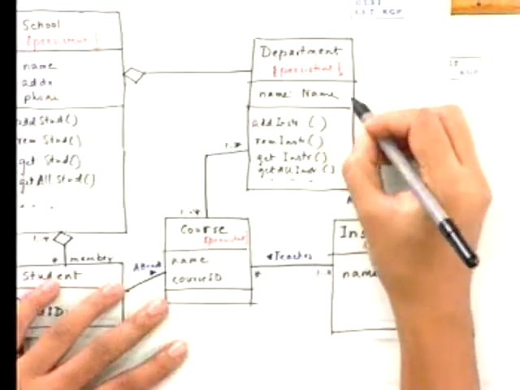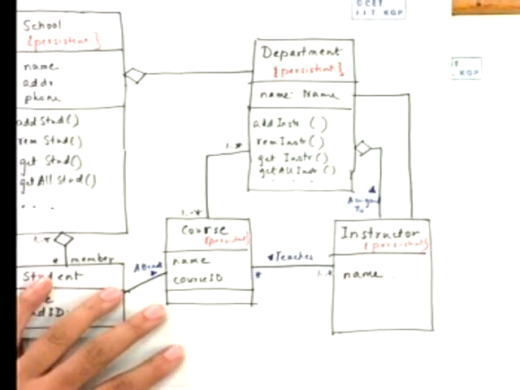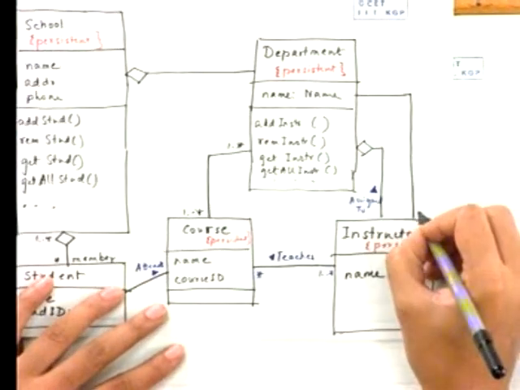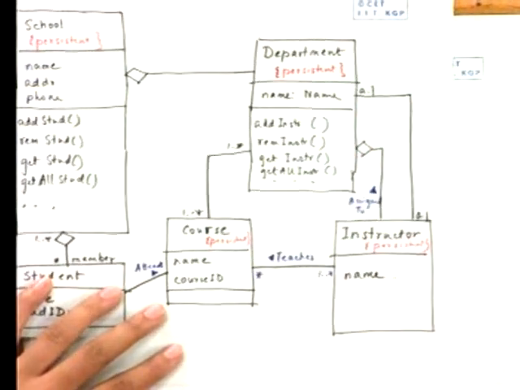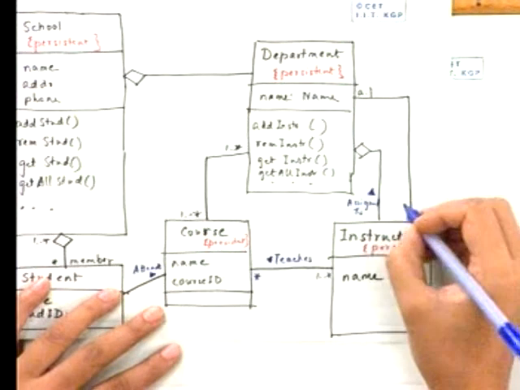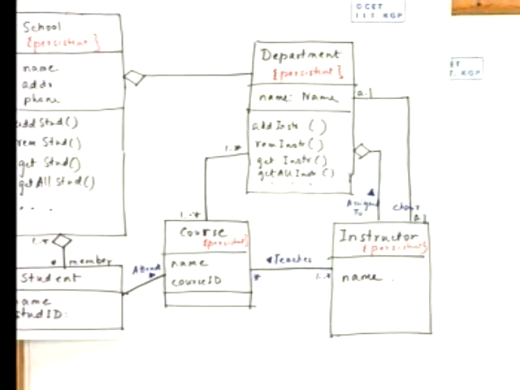We also look at one more relationship between instructor and department, which is the chairperson relationship. One instructor is a chairperson of each department. So the multiplicity of this relationship is 0..1 on this end, 0..1 on this end, and the role of the instructor is the chairperson of the department, the chair of the department.